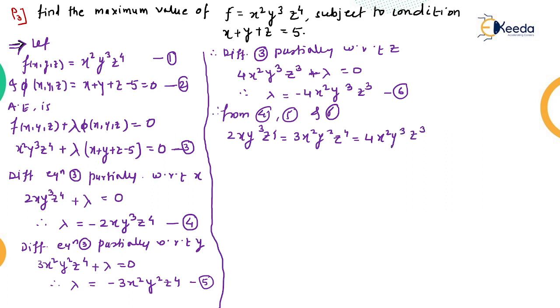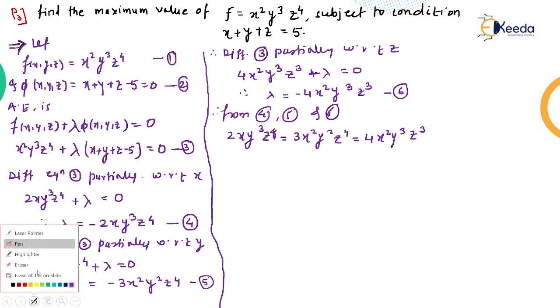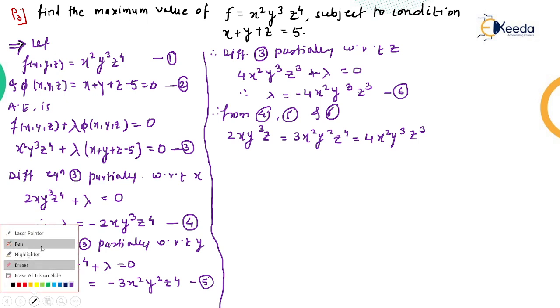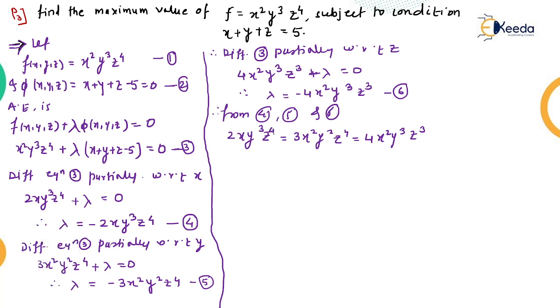Means the first term is after differentiating with respect to x, the second term after differentiating with respect to y, and the third term after differentiating with respect to z. Okay, so cancel the minimum power of x, y and z. In the first equation we cancel x, and remaining is yz.